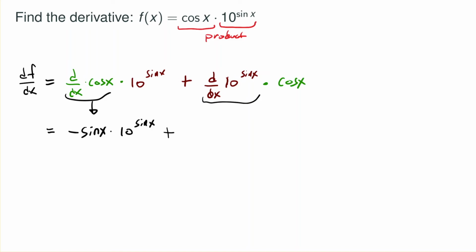Okay. So first of all, derivative of 10 raised to x will be just 10 to x times ln of 10. Well, let's actually first copy what it is, right? Then multiply by ln of 10. Then we have to multiply by derivative of sine x using chain rule here, times cosine x.